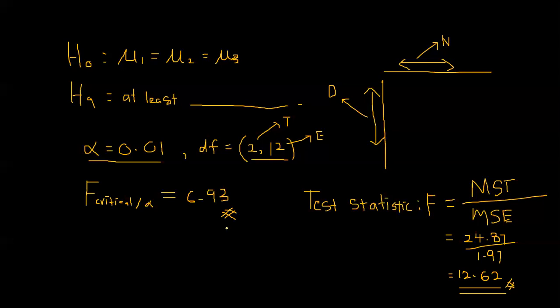The value of F critical, or F alpha, is 6.93. So the test statistic F, 12.62, is greater than the F critical alpha, 6.93. So we are going to reject the null hypothesis because the F test statistic is greater than the F critical alpha. So we can state that there is a difference in the 3 trials' scores.